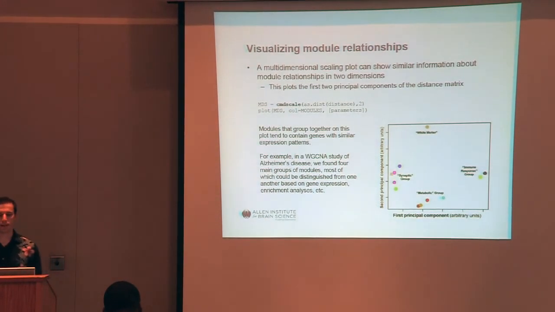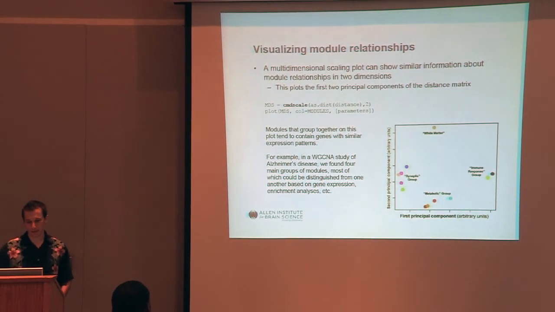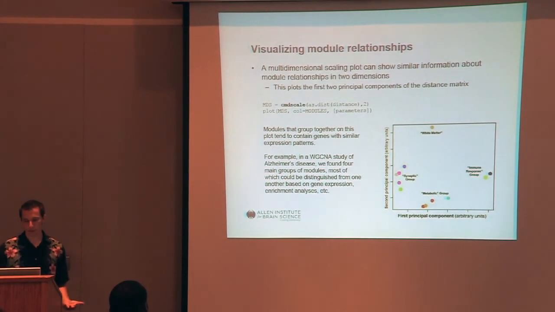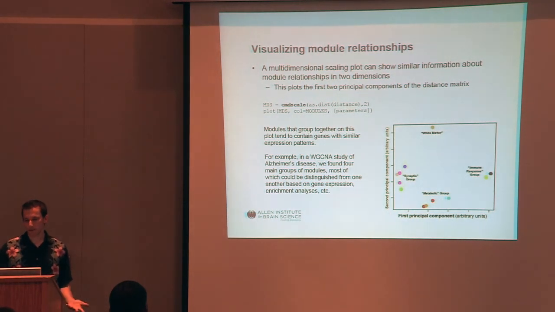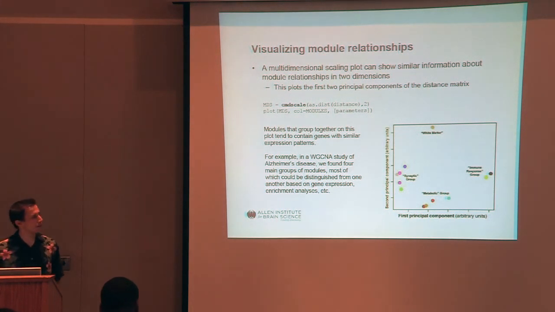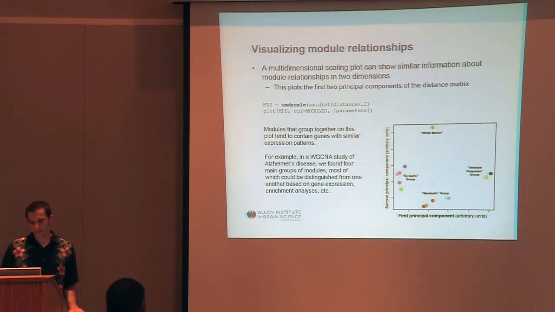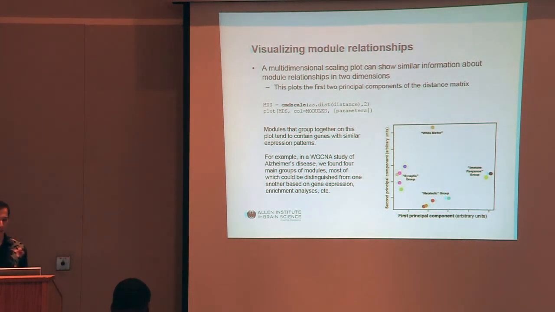So another way of visualizing these modules is to use the multidimensional scaling plot. And this is a good way of plotting the first two principal components of a distance matrix, or you can also do 3 dimensions, which sometimes works out better. And as with the previous plot, the modules that group together on this plot will tend to contain genes that have similar expression patterns.